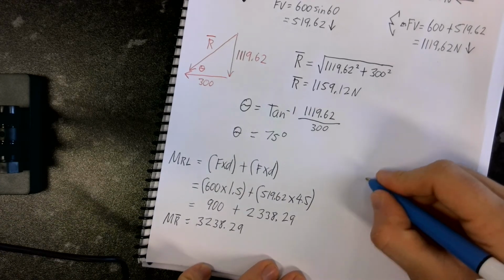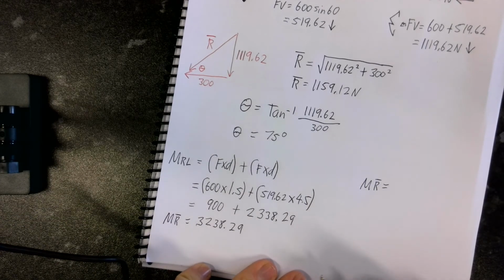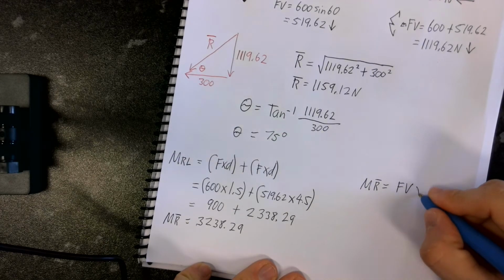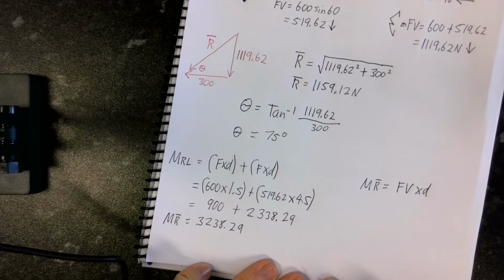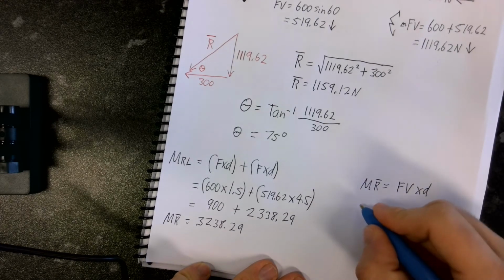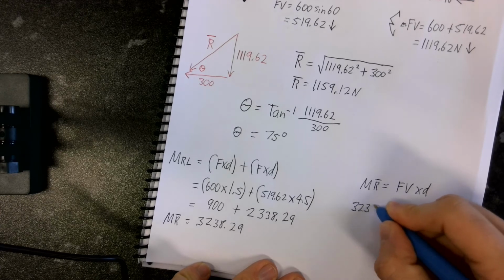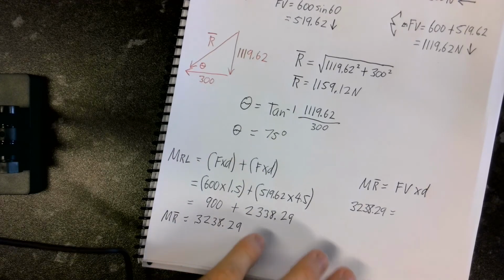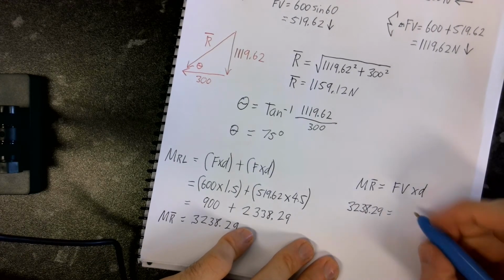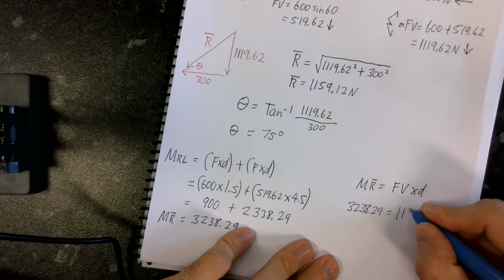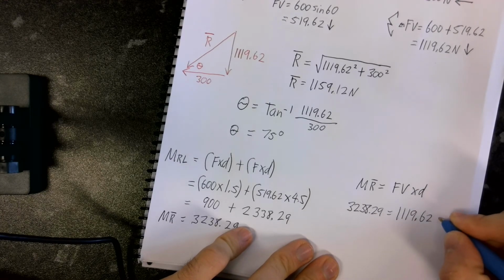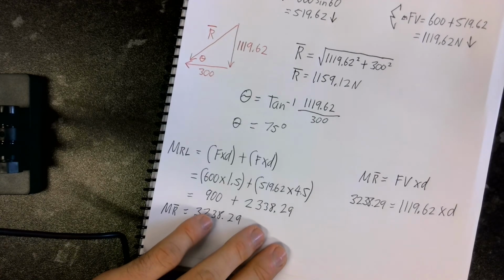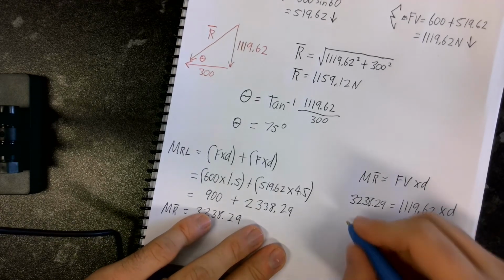Now we have that moment resultant, we can go ahead and find our distance. So that formula is moment resultant is equal to force vertical, the total force vertical, multiplied by the distance. So we know that our moment resultant, 3238.29, is equal to total force vertical, 1119.62, multiplied by D. We don't know what D is, so we need to get D isolated, on its own.